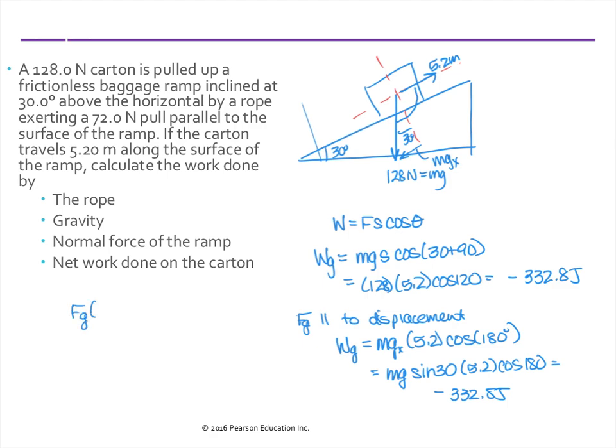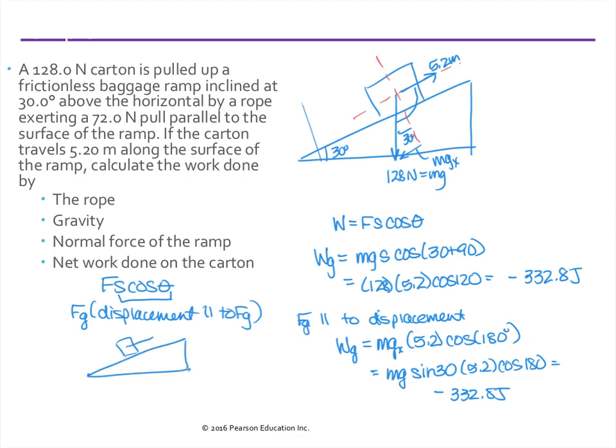And then finally, one thing I didn't talk about is we could look at it as the force of gravity times the displacement parallel to the force of gravity. That's where we're just taking F s cosine of theta, and we're linking these two, because then this is the component that's parallel to F. So I'm going to redraw the triangle. As the box moves from here to here, this is 5.2, this is 30 degrees, and this right here is s parallel.